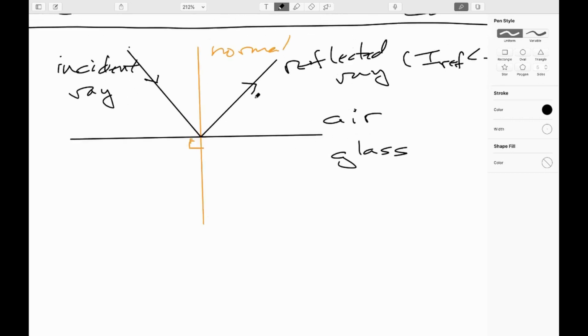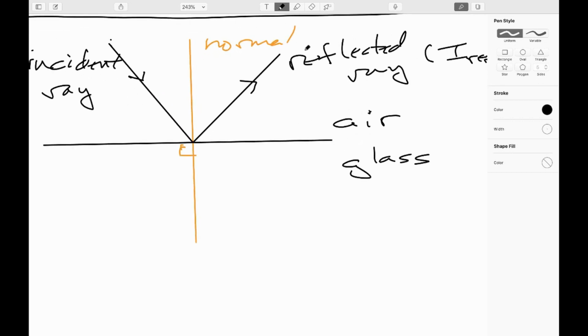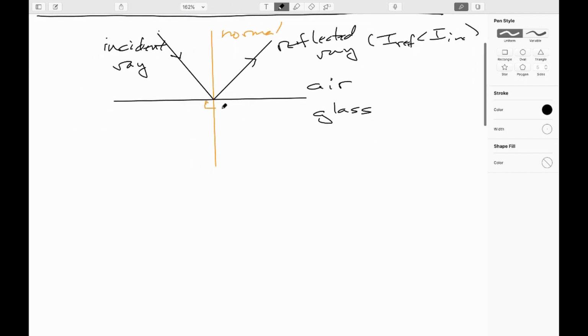And I had also mentioned before that some light will also propagate through into the medium, glass in this case. This gets called the refracted ray.